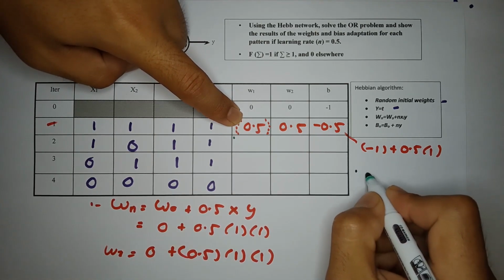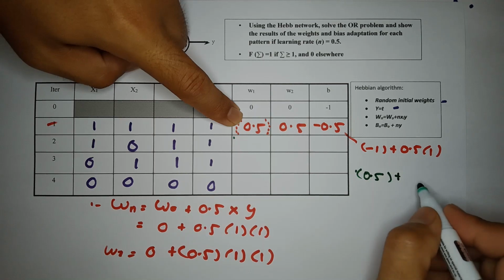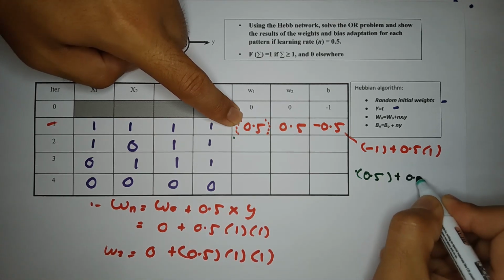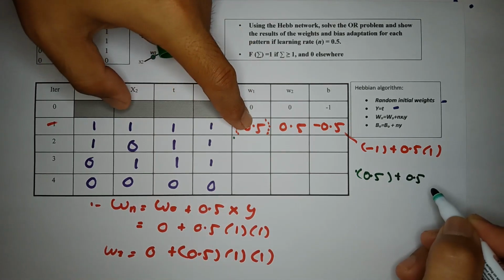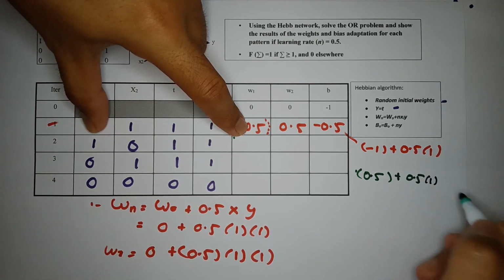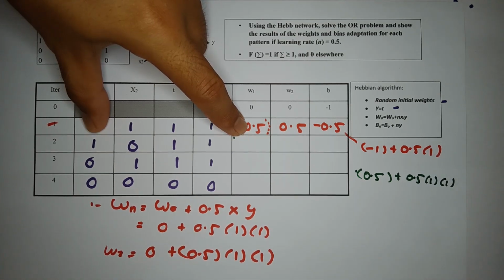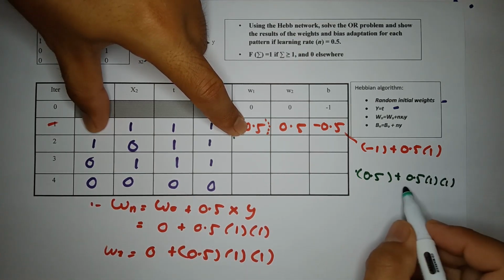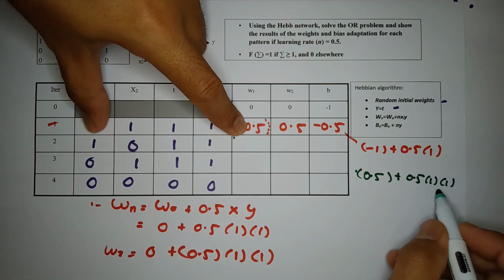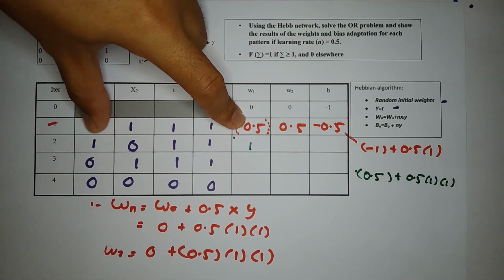The previous one, w_old, is 0.5, plus n, which is 0.5, and for this part x1 is equal to 1, and y is equal to 1. So 0.5 plus 0.5 times 1 times 1 will be equal to 1.